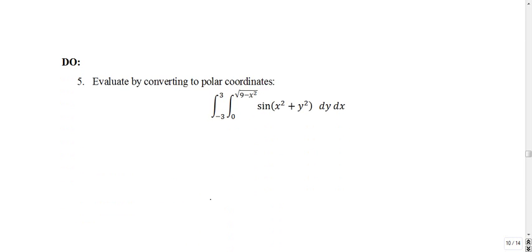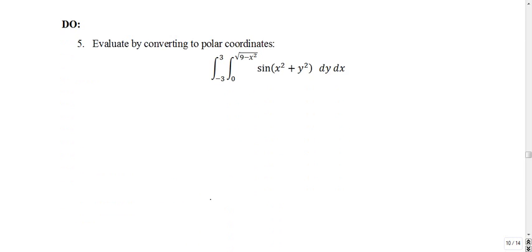Okay, this next one, I just want you to set it up. Don't evaluate, just set up. So I'm going to say set up, but do not evaluate. Okay, let's draw. What are we looking at here?